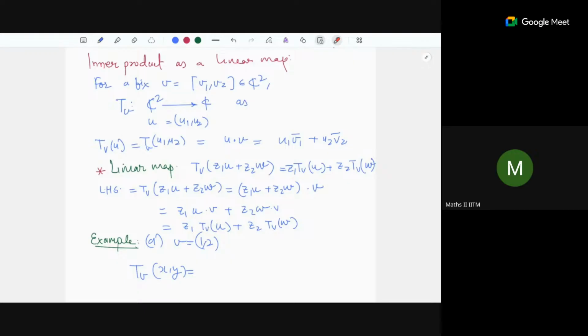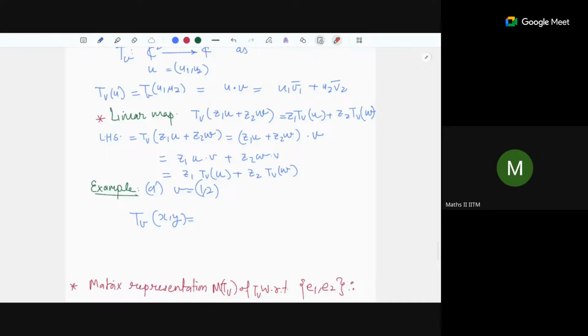All right. So now let's look at this example. Let's define T_v for vector (1, 2). So what is T_v for vector (1, 2)? Let's take a vector which is complex, say v = (2 + 3i, 5i).